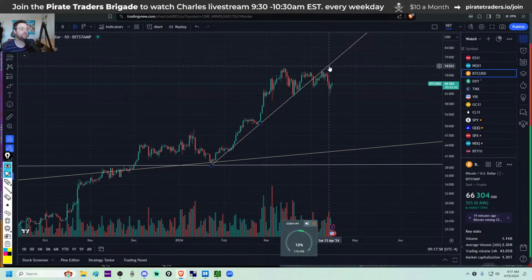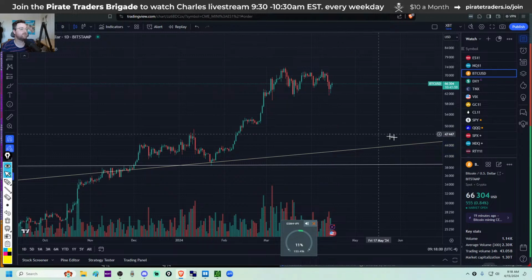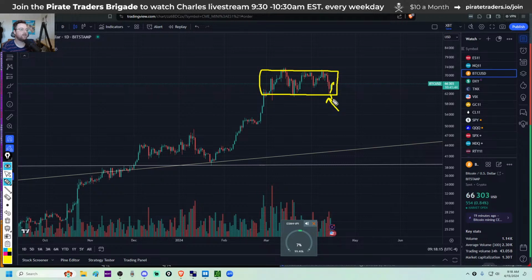So the corn is balancing on a much longer time frame right now. I would pretty much just draw this like a straight up good old fashioned horizontal balance area. The fact that they tested the low and turned around and headed higher instead of continuing lower is bullish to see, at least short term, that the market could head back up towards like 72, 73,000.